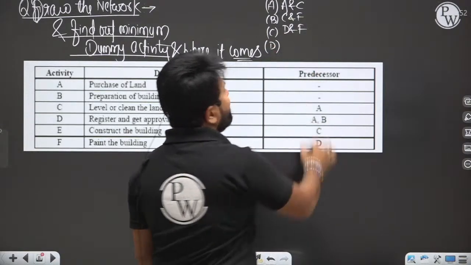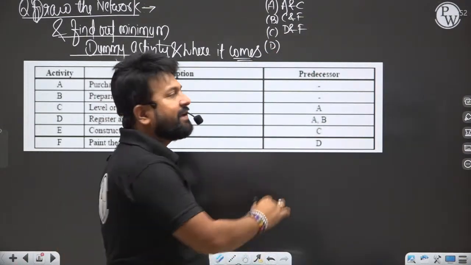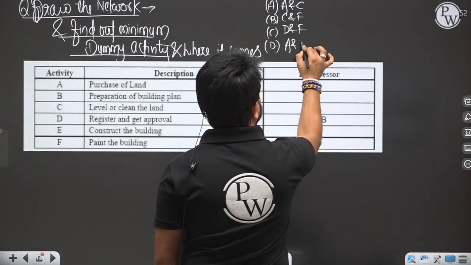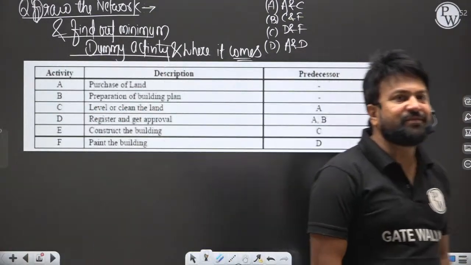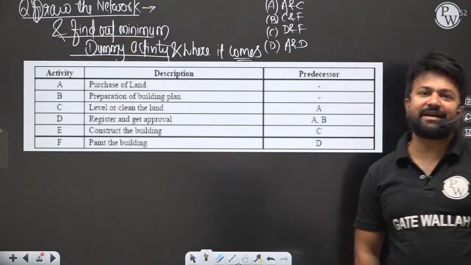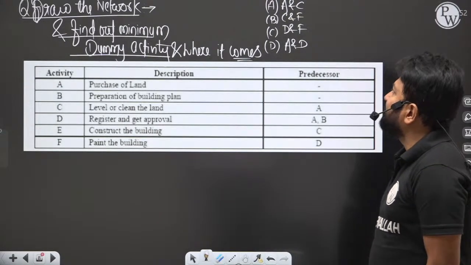Now option D, A and D. So which of the option? If you have drawn the correct network, then you can tell me.